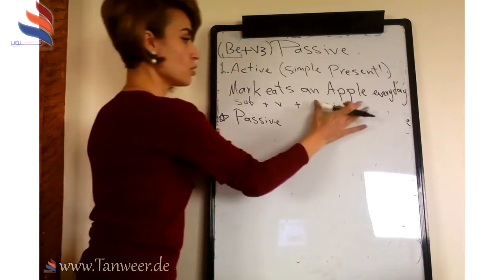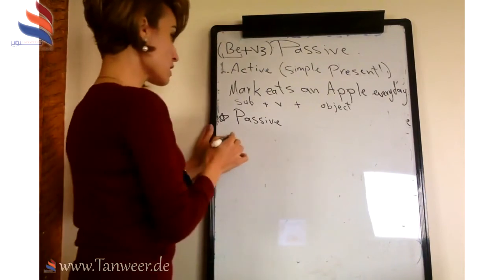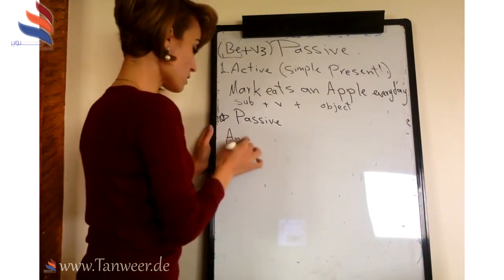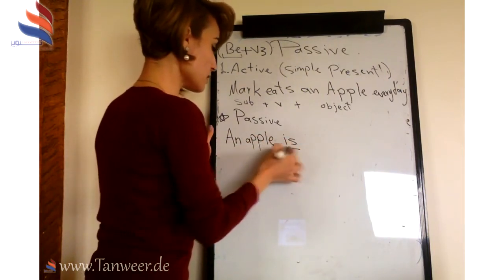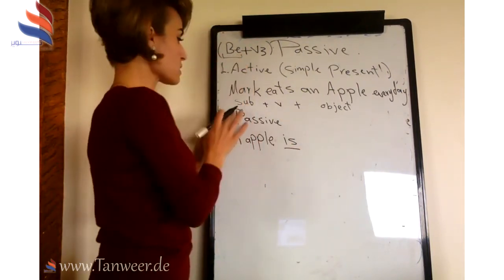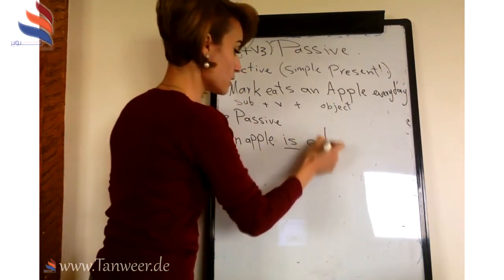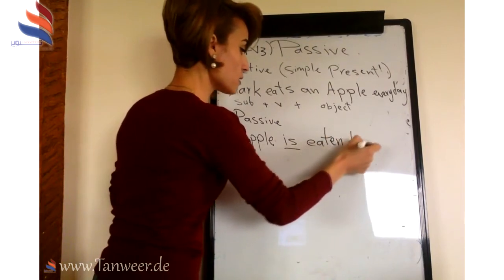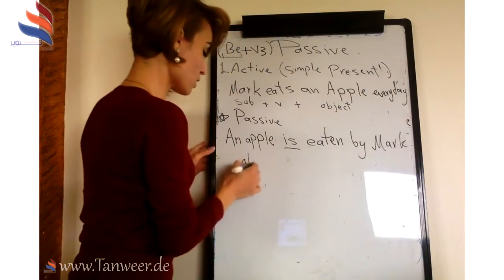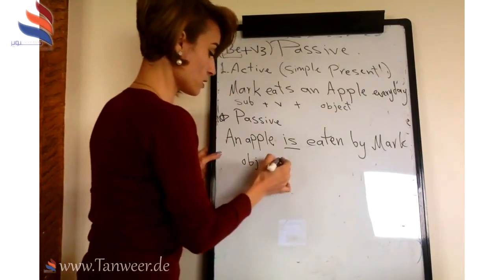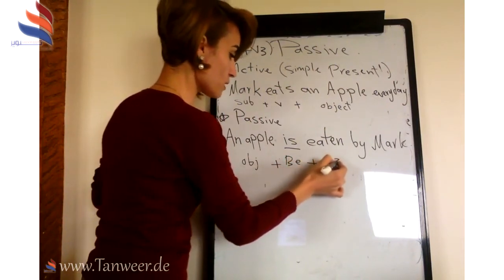As we said, we take the object and put it in the beginning of the sentence. So, an apple is, verb to be, simple present, is eaten by Mark. Object plus verb to be plus verb 3.